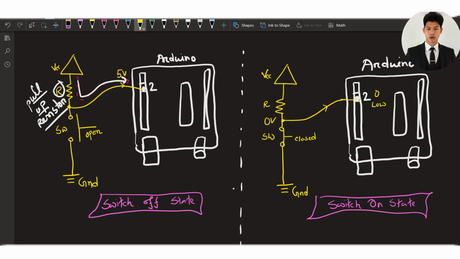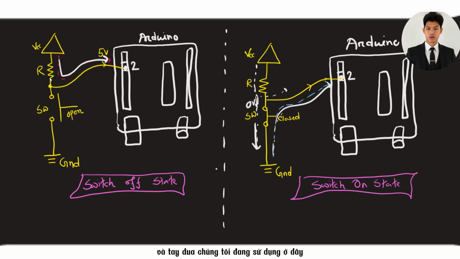Using this circuit, the resistor we are using here is called a pull-up resistor. Why? Because when the switch is open, it is keeping the digital input pin always high. So that is why it is called a pull-up resistor.